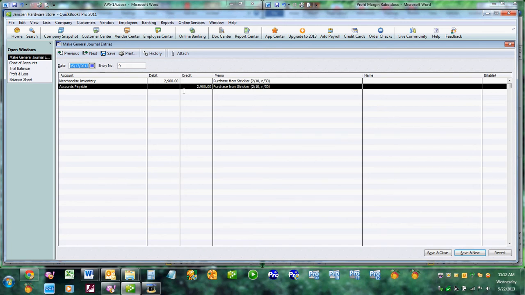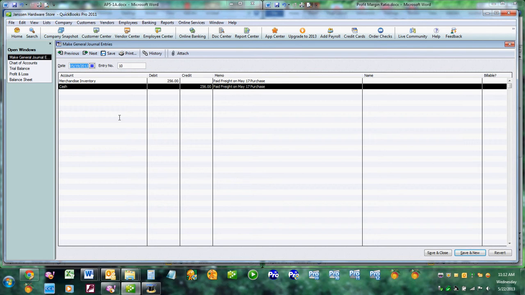The next one on May 19th, paid freight on the May 17th purchase. So the freight on this purchase goes to debit merchandise inventory, it gets inventory freight, it goes to the cost of inventory, and cash credited for $256.